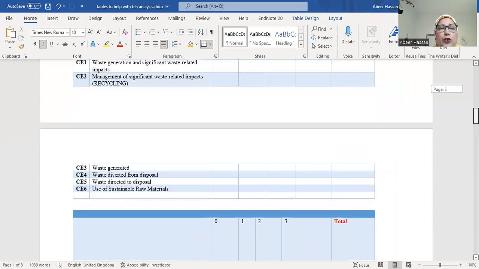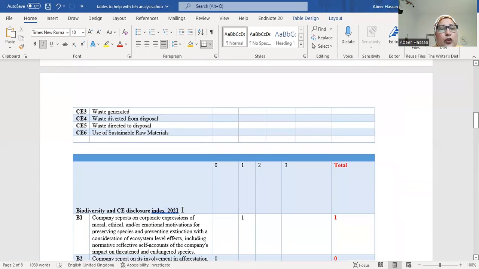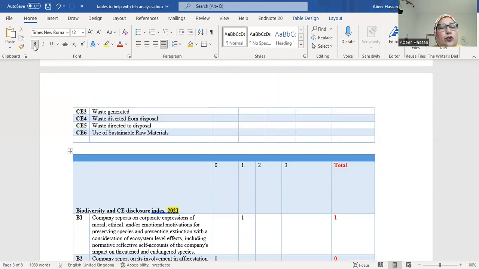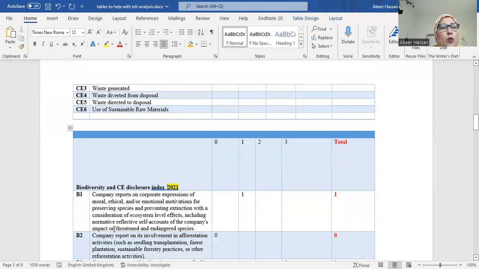If you move on and do the same for 2021, these are the 2 years that you are going to investigate. You investigate B1, but in 2021, the company mentioned something about this item, but it's not too much. You give them 1, okay? That means the total is 1.